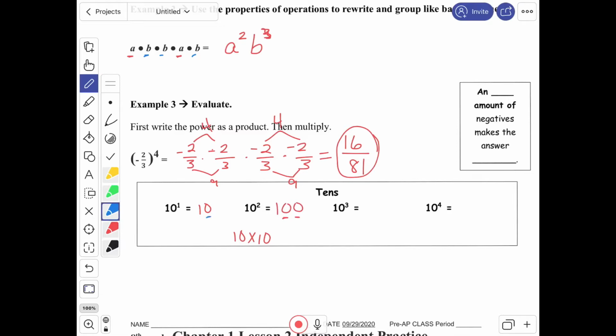Just like over here, the exponent was 1, and we got 1 zero. So on the next one, we should get 3 zeros. And on the next one, we would get 4 zeros. So if we had 10 to the 8th power, it would be 1 and then 8 zeros.